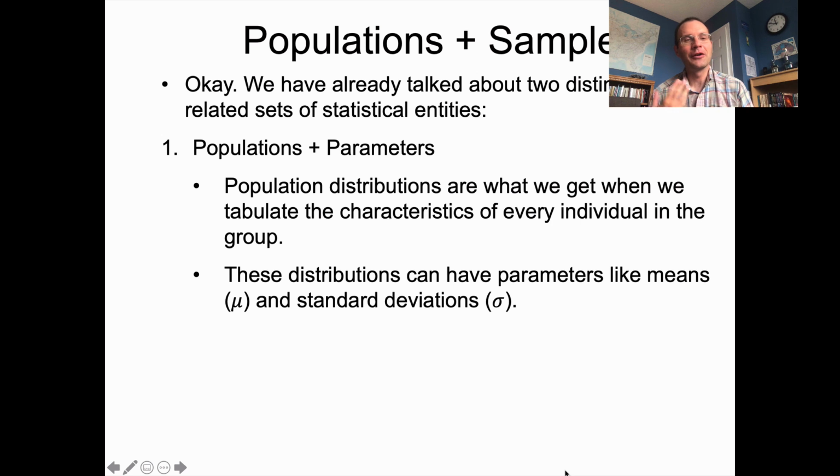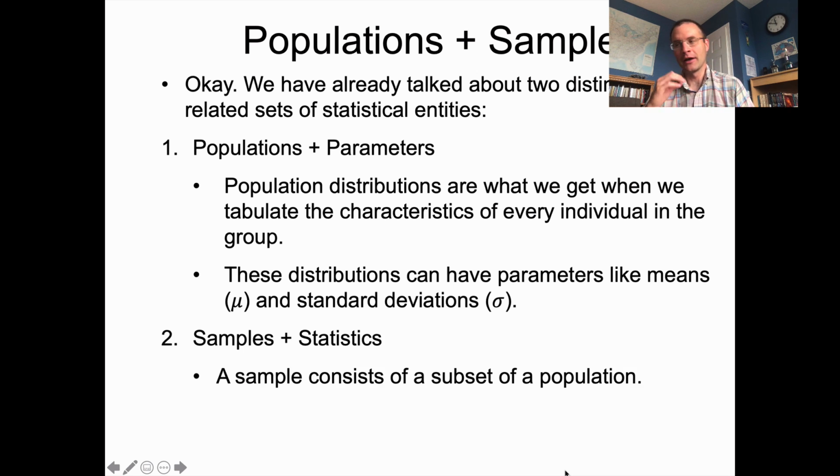And if we did that for the entire population, then we'd represent that mean with the Greek letter mu, because it's something official, I guess, and the standard deviation would be represented with the Greek letter sigma. And we can contrast that with samples, from which we can derive statistics. So a sample is just a subset of a population, and this is something we would normally study when we run an experiment of some sort, because we don't normally have the resources to study an entire population of a language or whatever we might be interested in as linguists.